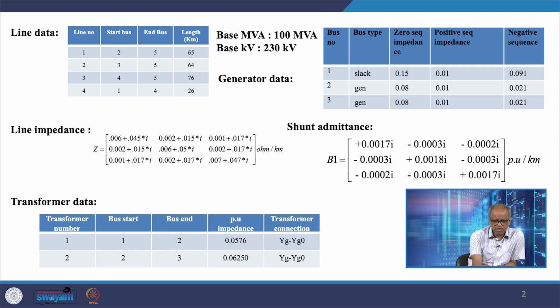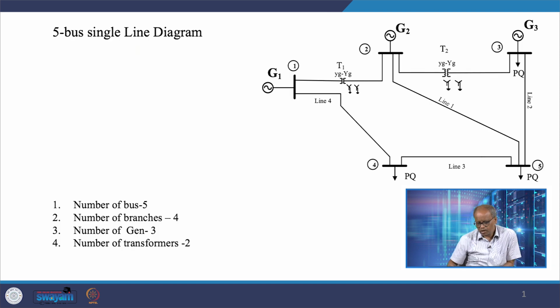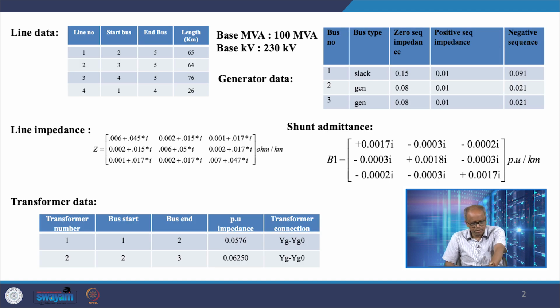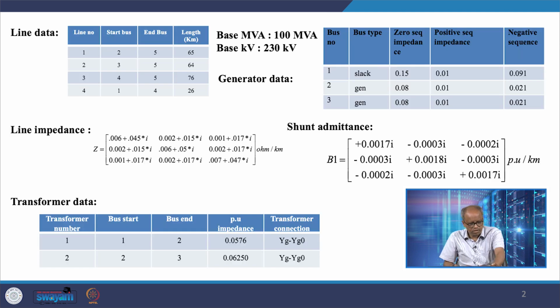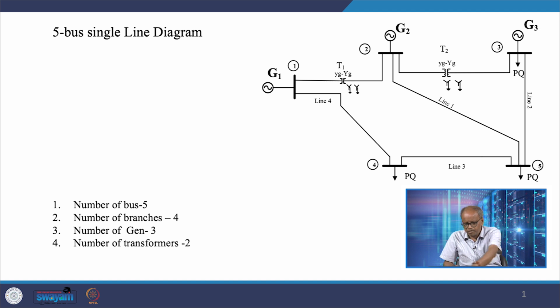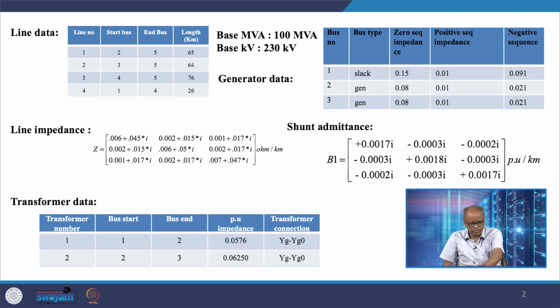So these are the line data. Line 4 is between 1 and 4, line 3 is between 4 and 5, line 2 is between 3 and 5, and line 1 is between 2 and 5, and their lengths are 65, 64, 76 and 26 kilometers.